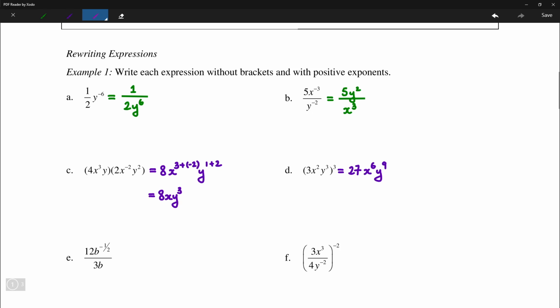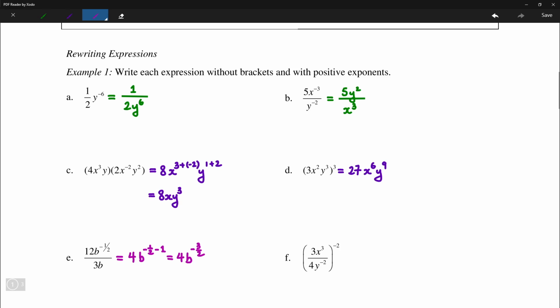Next up, here we're dividing, so we can subtract the exponents, but we'll start by dividing the coefficients. So 12 divided by 3 is 4, and then this will be b to the negative 1/2 minus 1. So that could be rewritten as 4 and then b to the negative 3 over 2.